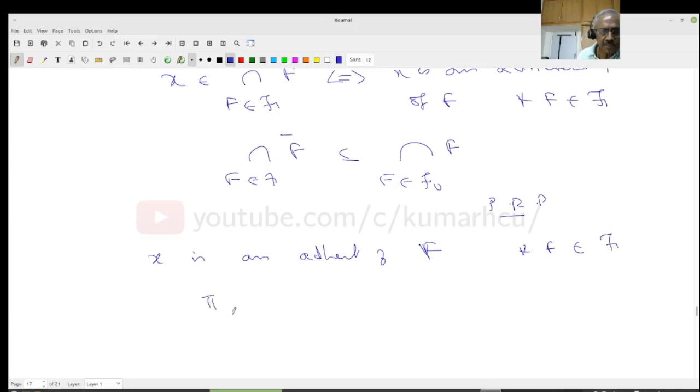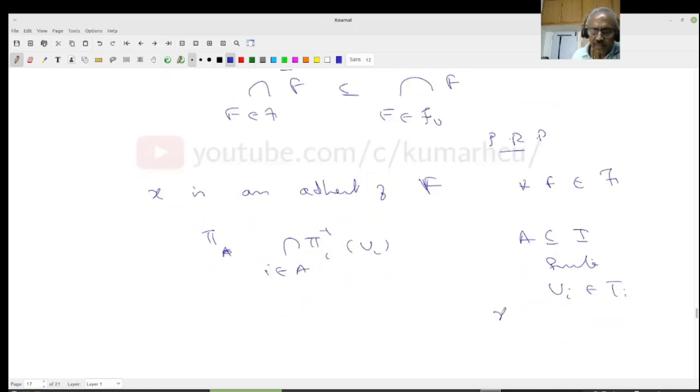You start with any basic open set, let us say, intersection of pi_i inverse of U_i, i varying over a finite set A, a finite subset of I. And what are the U_i's? U_i's are open in X_i. And what is here? My x_i must be in the open neighborhood U_i, right? So this is a basic open neighborhood of x.